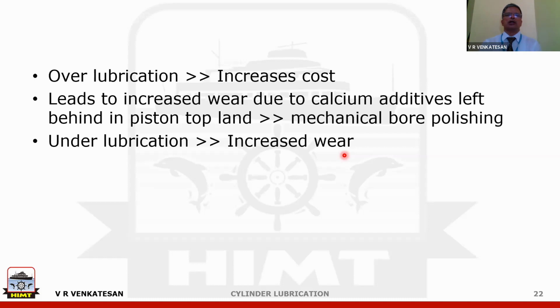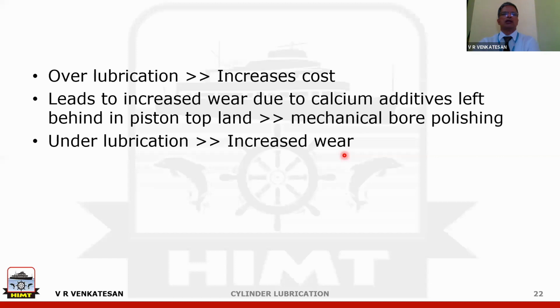Because you are increasing the quantity, if you do a liner inspection, it will give a different picture. This is not how your liner might look when it is running at full speed. So even though under piston inspection has been done for a very long time, that alone will not give you a correct picture of whether lubrication is good or sufficient.